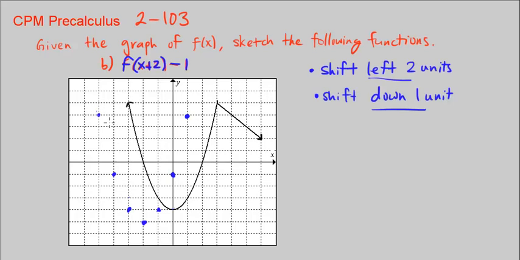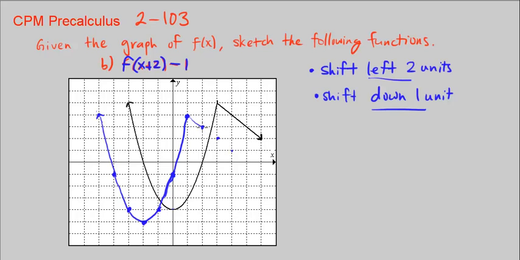Right? So we can already see that the shape looks like this. Right? Looks the same, but it's just shifted left 2 units and down 1. So every point, left 2, down 1.